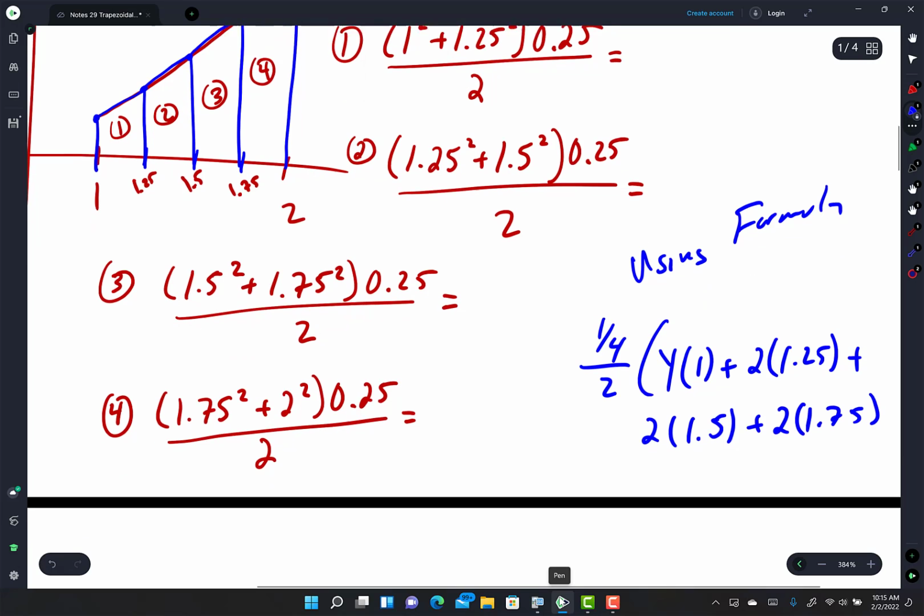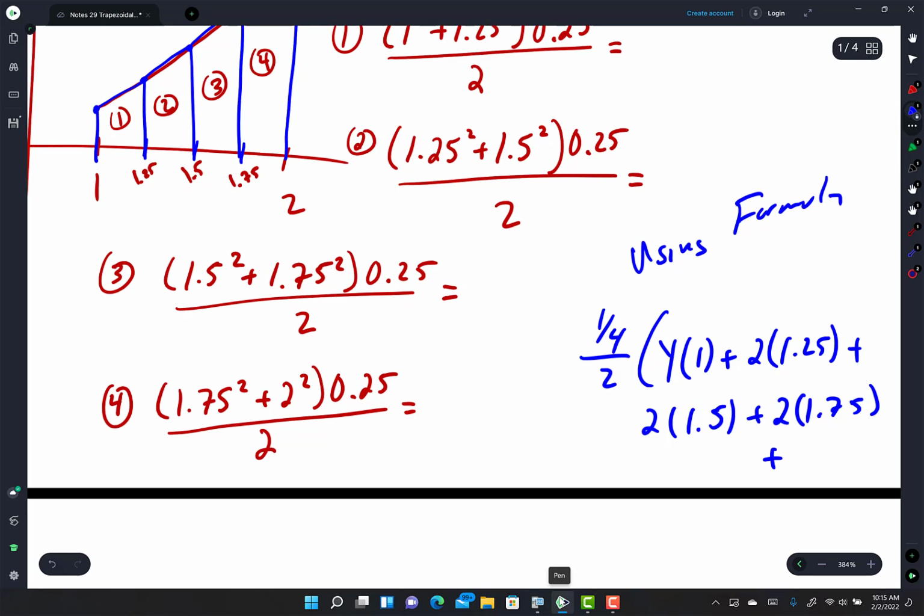And then the last one does not have a 2 in the front. Yeah, I forgot the y naughts, I know. There's a y after the 2. And then this one just goes y of 2. Close giant parenthesis.